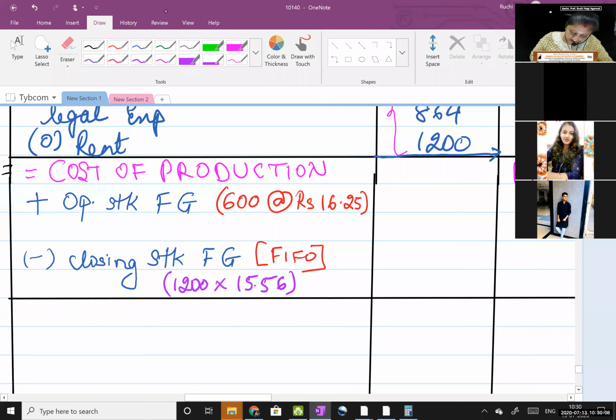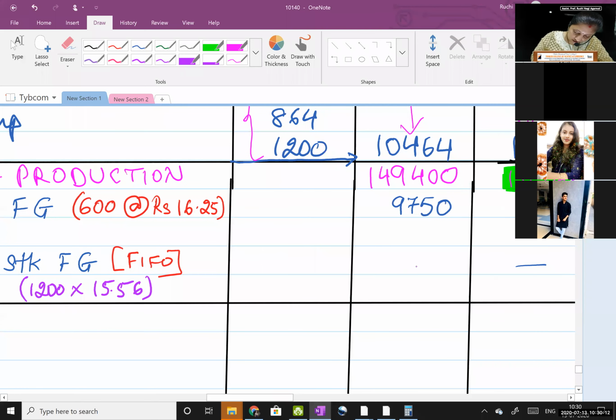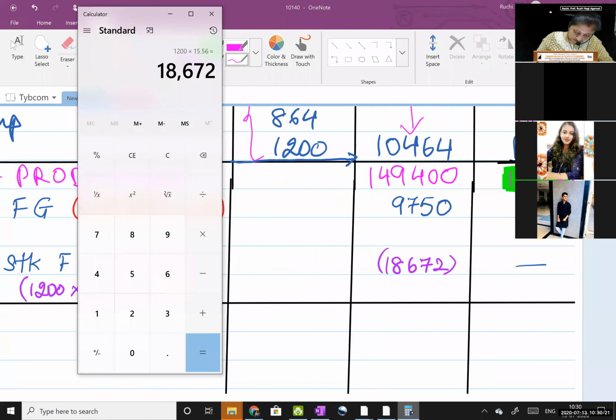So write it here, 18,672. Now do the calculation: 1,49,400 plus 9,750 minus 18,672 is 1,40,478.